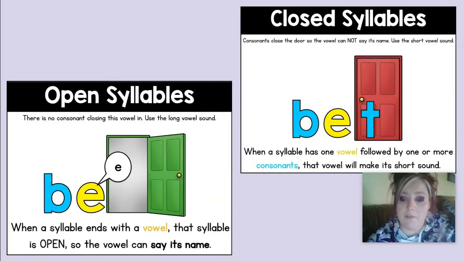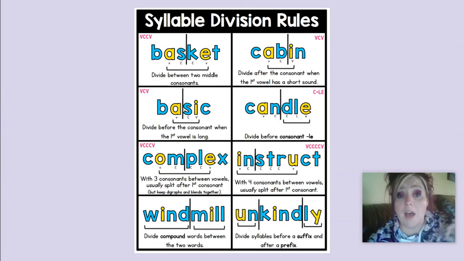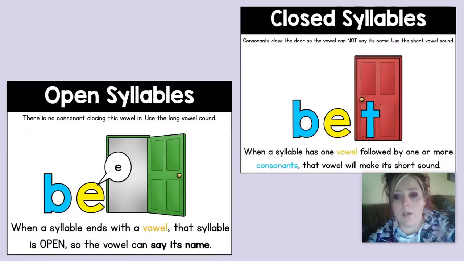Okay, let's keep moving. So we have all of our syllable division rules right here. These just show you all the different ways that we can start to divide our syllables up. And so the yellow letters are our vowels, the blue ones are our consonants. Consonants are anything that are not our vowels, A, E, I, O, or U. Remember, this all plays off of our open and closed syllable words.